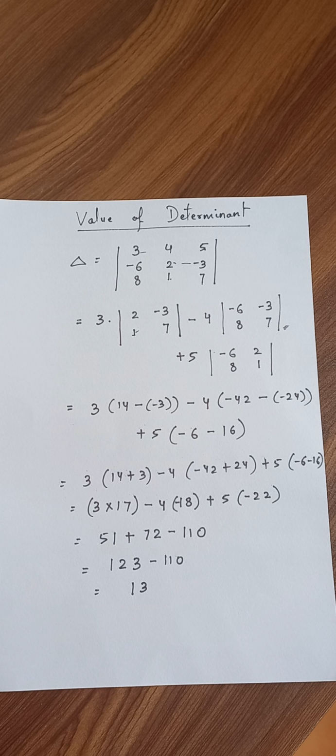So if you have to find the value of a determinant, you have to take the elements of a row and multiply them with the corresponding cofactors.